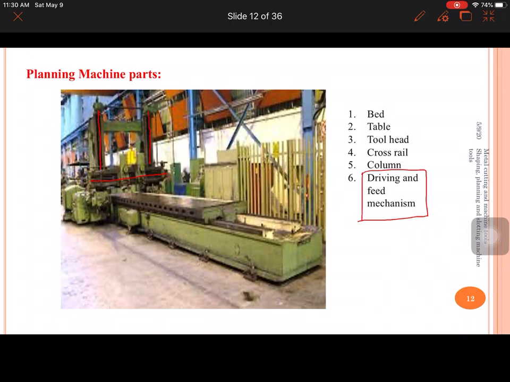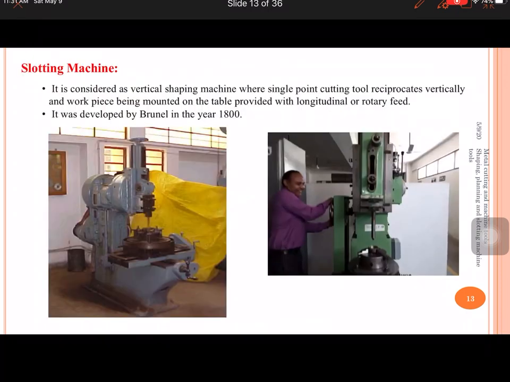Once the cutting stroke is completed, this pinion automatically reverses its direction so that the table will move in the backward direction. In this way you will have alternate forward and backward strokes by rotating the pinion in a particular direction, and the directional change, everything, is controlled by the kinematic aspects of this machine tool.